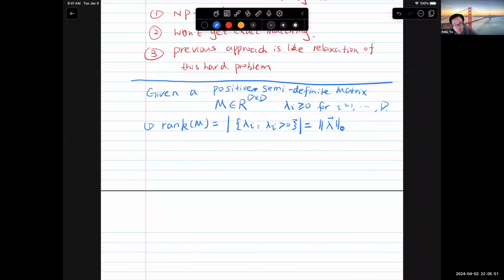But this is basically impossible to calculate in general because it is very hard to calculate. That's why minimizing the rank is nearly impossible. So the trick is we use the one norm to approximate the zeroth norm.